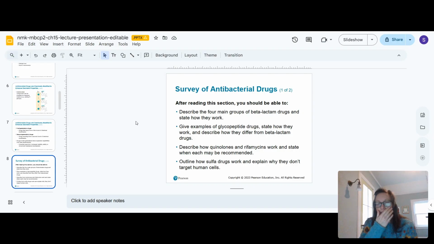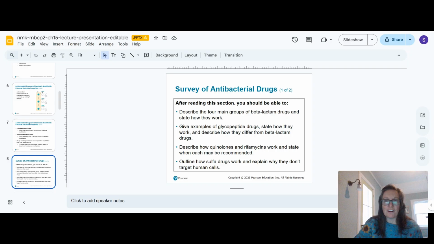So this part of the book, I did include here some of the learning objectives, "after reading this section, you should be able to." So you can see what some of the targets are for learning.